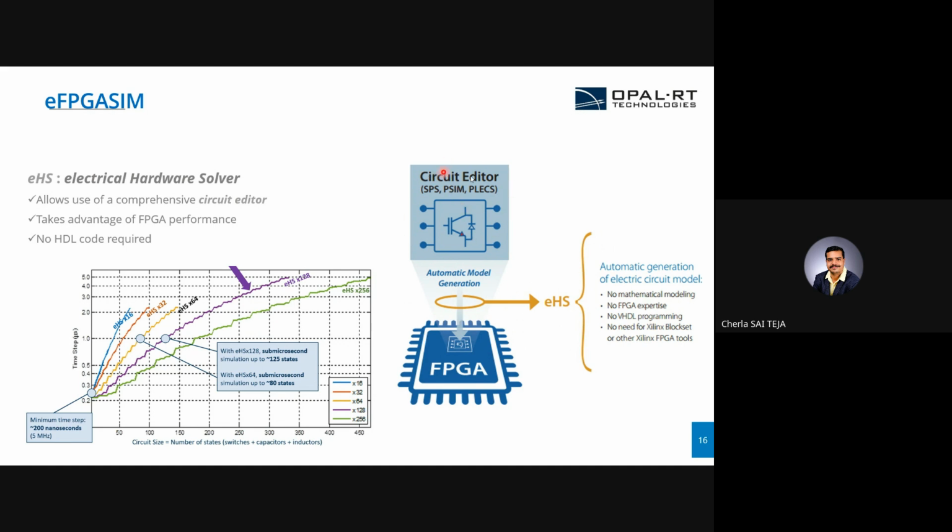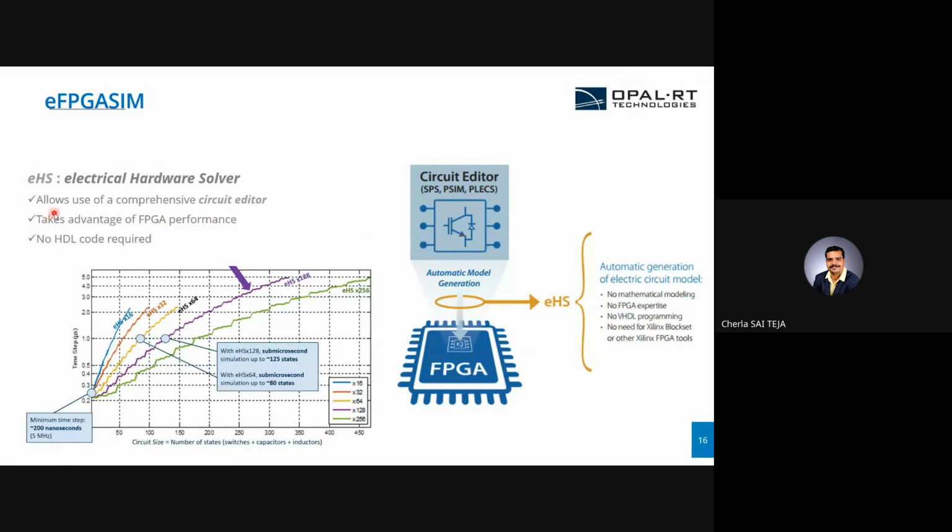We'll just do our converter and motor connections in the normal SPS based modeling. This solver will ensure to convert it and make it run on FPGA. So it will take care of your model code generation, which can happily run on this FPGA processor.